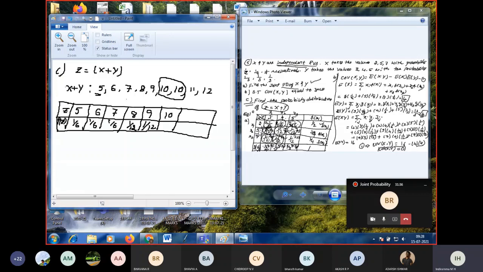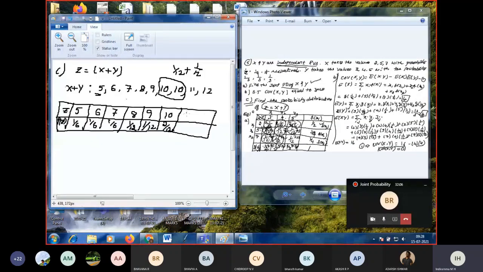I got 10 when x is 5 and y is 5, so the probability is 1 by 12 plus. I also got 10 when x is 7 and y is 3, which is also probability 1 by 12. So that will be 1 by 12 plus 1 by 12, 2 by 12.